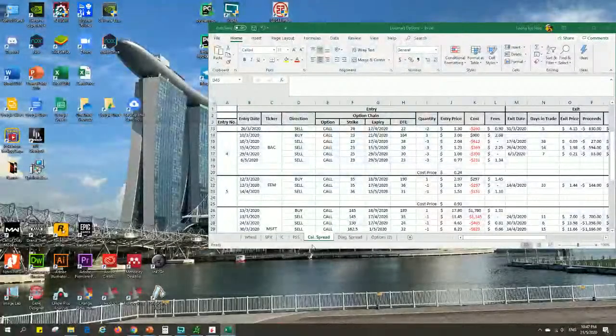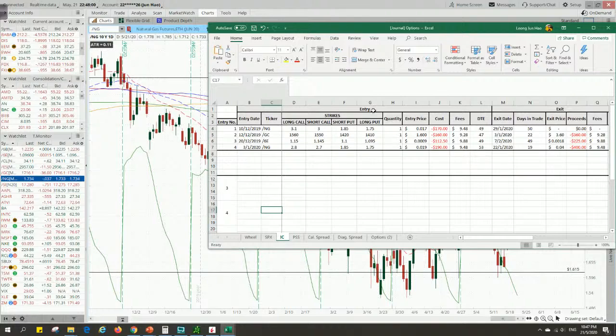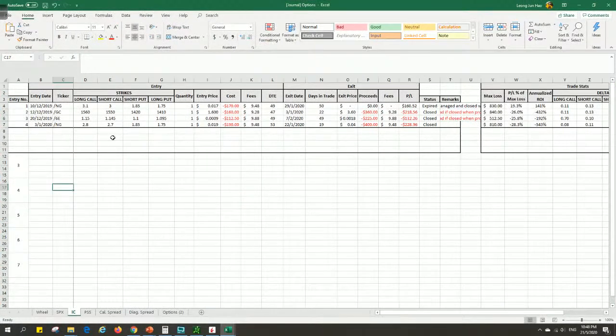If you look at my trade journal on iron condors, I have done four trades on futures options: natural gas, gold, euro, and natural gas again. Out of the four trades, I only profited in one, and the other three were closed at a loss.